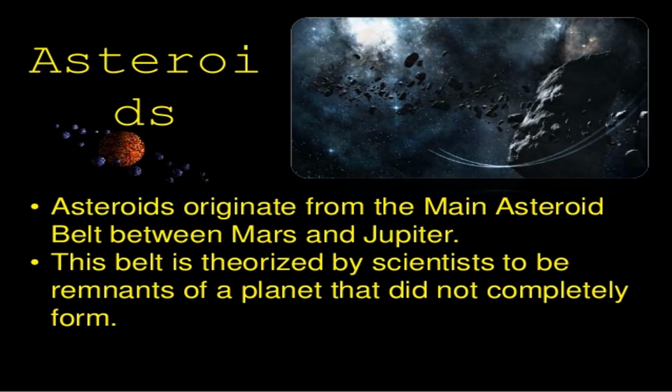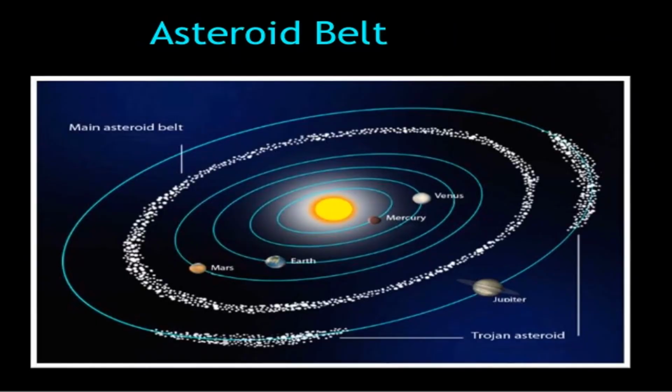Asteroids originate from the main asteroid belt. This belt is theorized by scientists to be the remnants of a planet that did not completely form. This is where the asteroids are located. They orbit the same as the other planets.